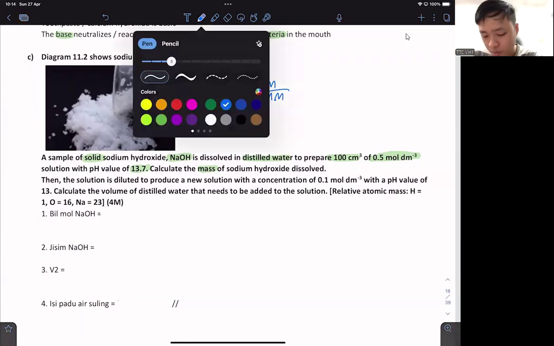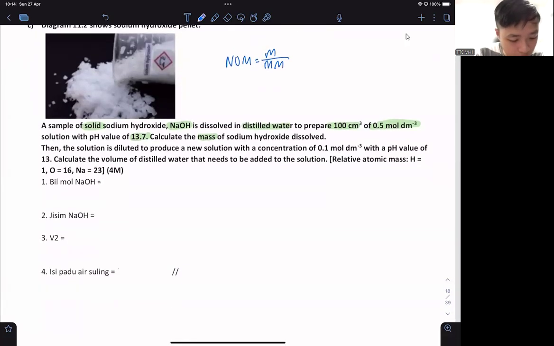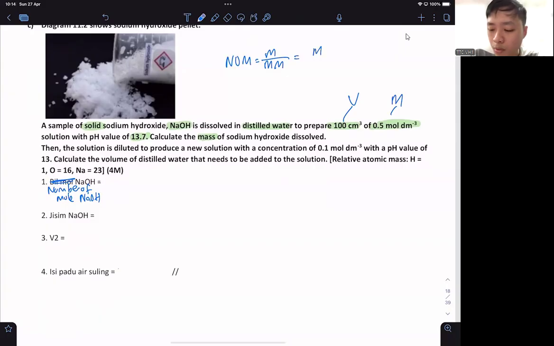So first of all, you find the number of mole of NaOH. Now they give you volume and molarity, so you use one more formula you learned in Form 4, Chapter 6: number of mole equals MV over 1000.